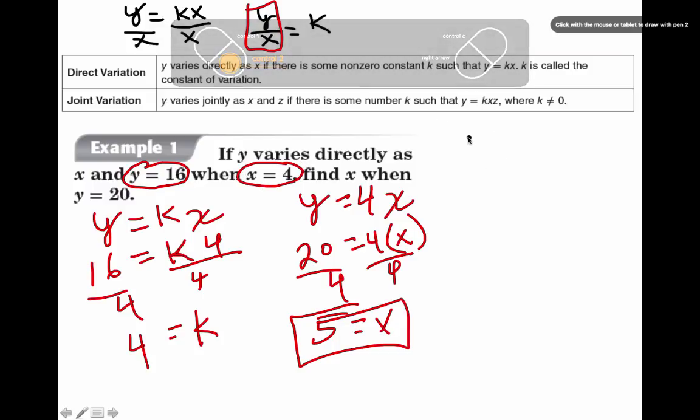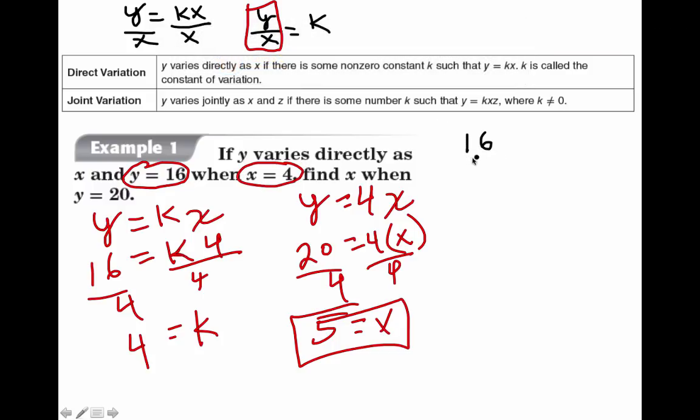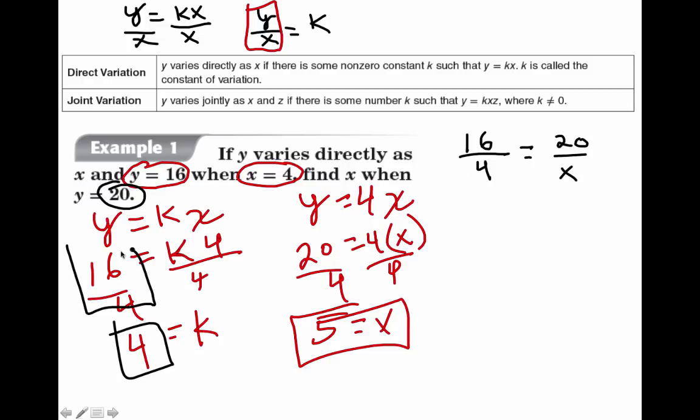So if I do 16 over 4, it's the same for the second problem, which has a y of 20, and x is what we're looking for. You can see the value of k right here. And we're setting that equal to 20 over x. So you can solve these as proportions.